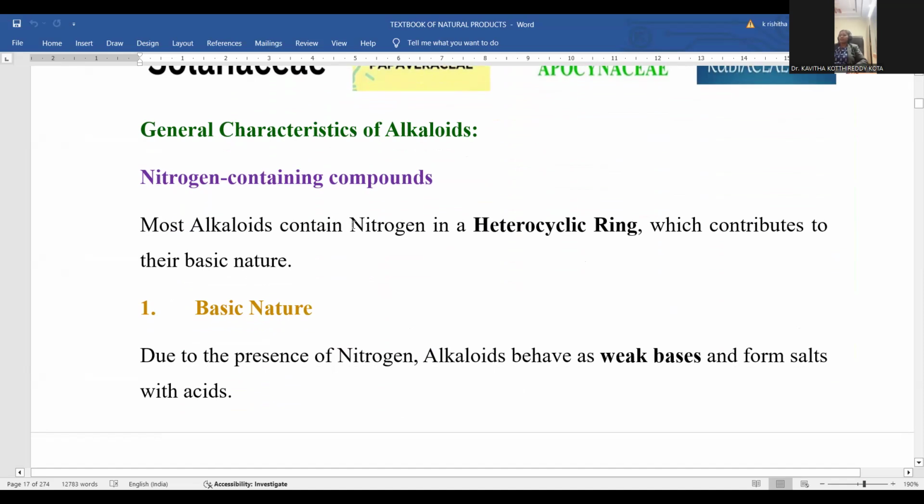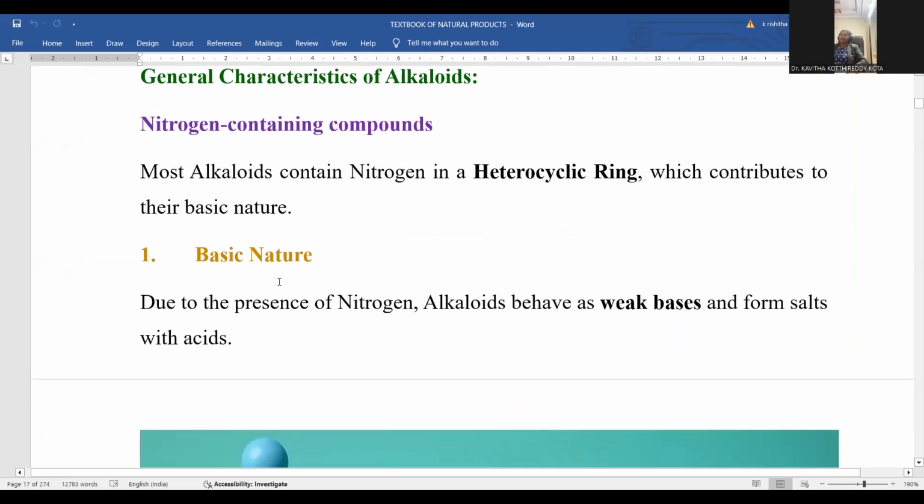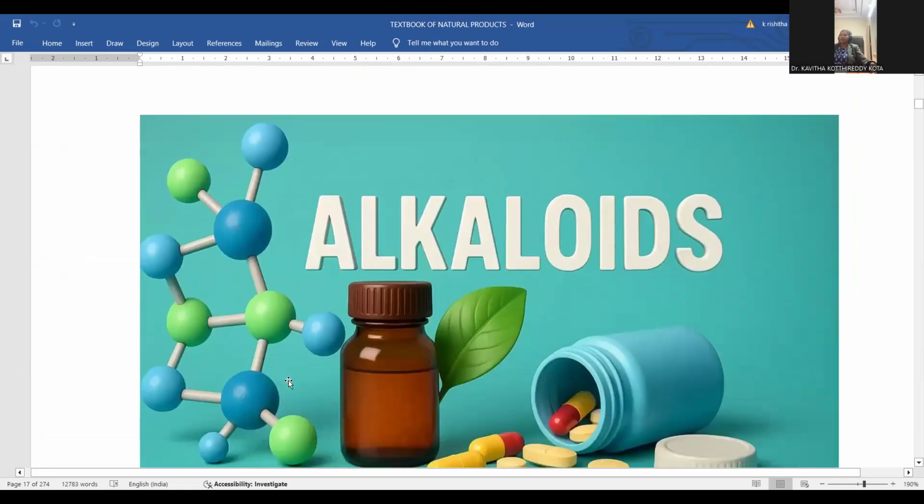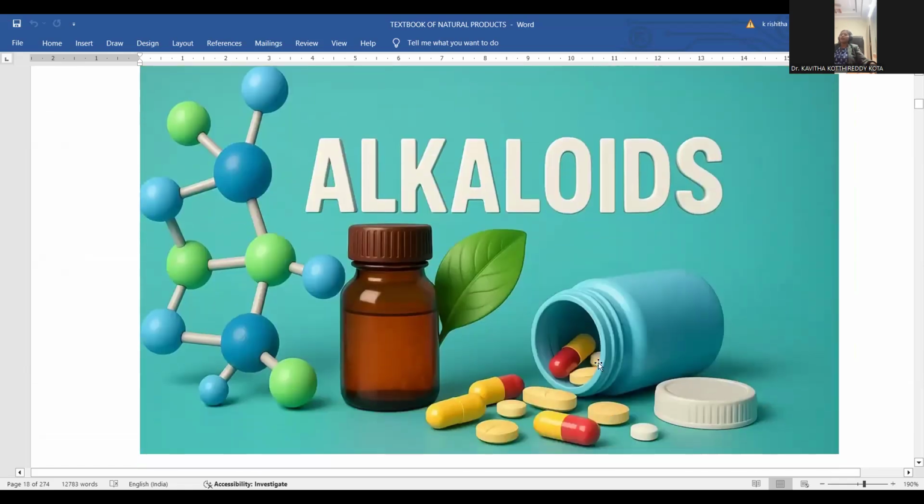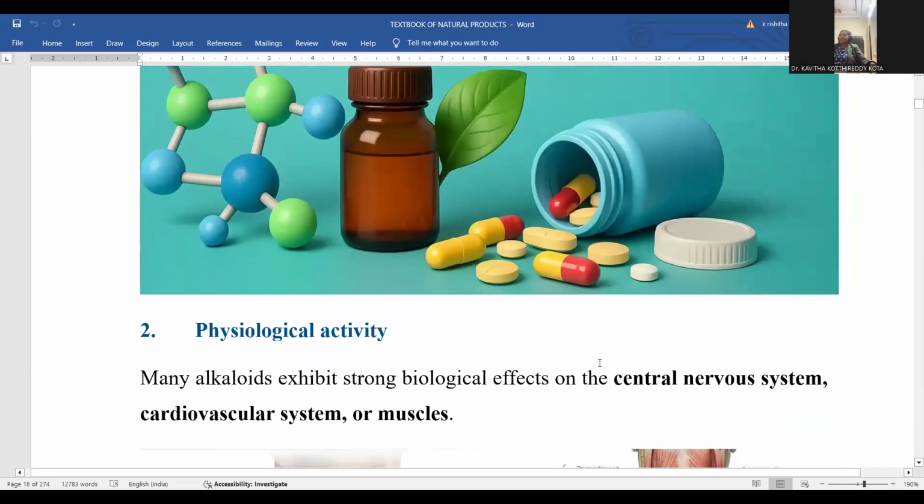Nitrogen is basic in nature. That is the reason why basic nature is the common feature. Due to the existence of nitrogen, alkaloids are weak bases and they are able to form salts with acids, obviously. The basic nature is satisfied by combination with an acid, a neutralization reaction is accomplished, giving rise to a salt. And you can notice the alkaloids over there, which are basic in nature.